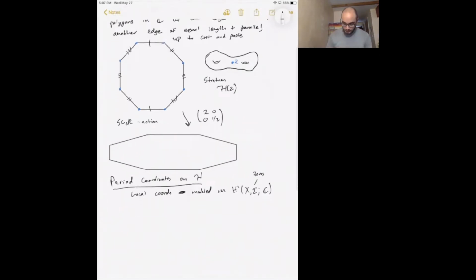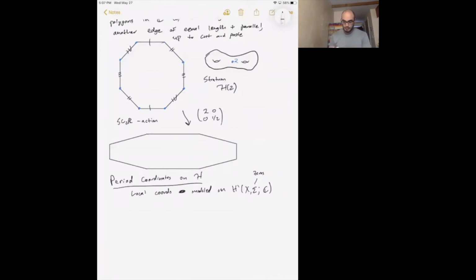More concretely, you can take a set of independent edges of the polygon. For this octagon case, you choose just the four edges that are independent, and the other ones have to follow along.